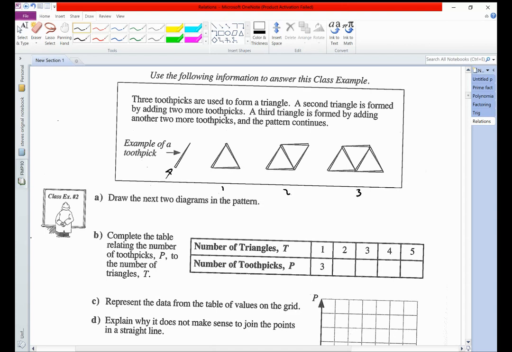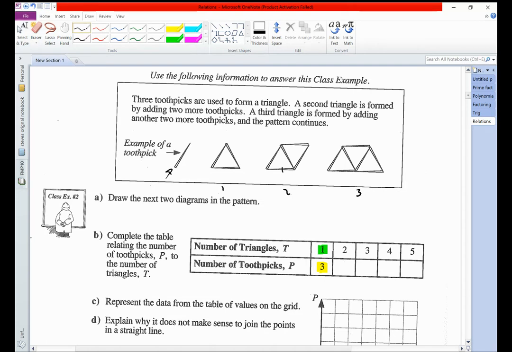It looks like in picture 1 we use 3 toothpicks to form one triangle. So there's a relationship here between the number of toothpicks and the number of triangles. So how many toothpicks does it take to form 2 triangles using this pattern?